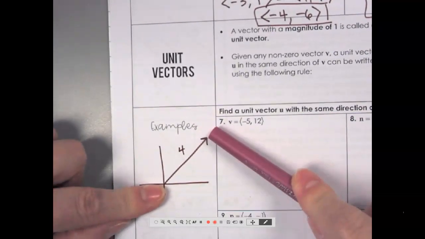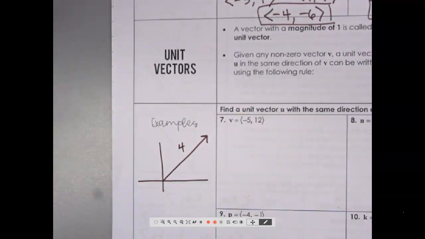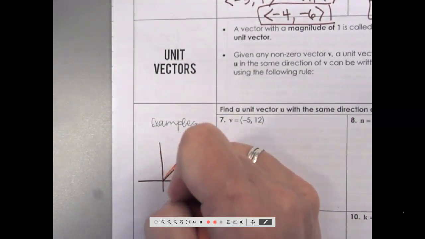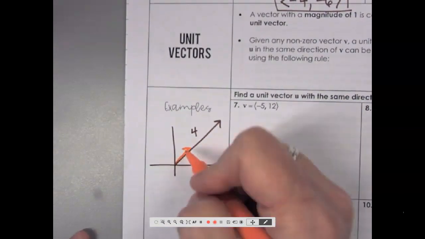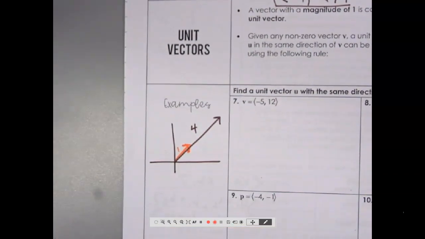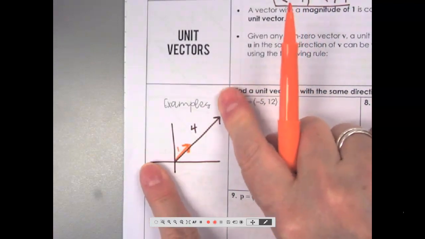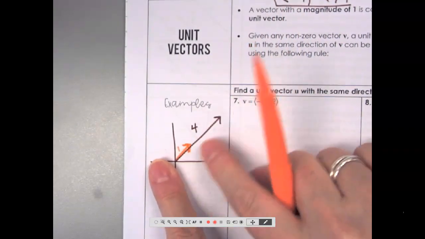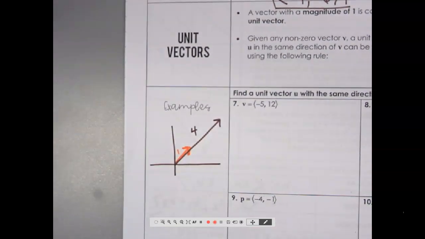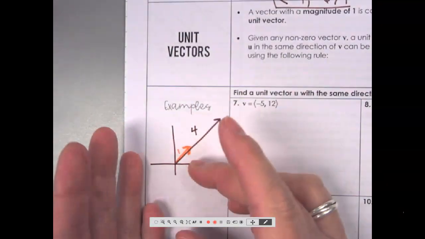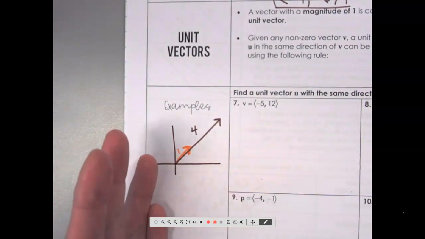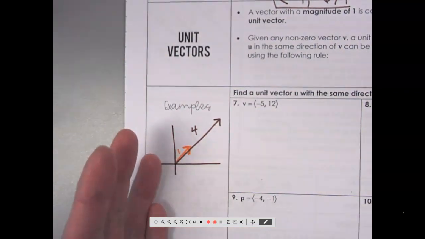If this vector represents a length of 4, a length of 1 would be something like this, I'm just going to estimate. So you have this vector, magnitude 4, and this little vector is magnitude 1, so it is what fraction of the original one? 1/4. If it was 10 for the magnitude, and I wanted a unit vector, it would be length 1, so it would be 1/10 of the length.